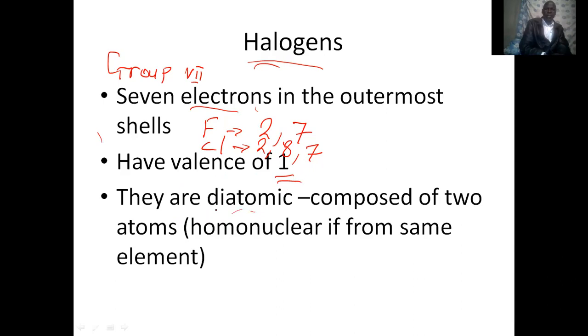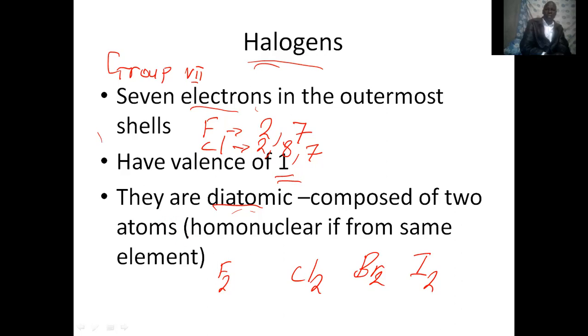They are diatomic, meaning 2 atoms. For example, fluorine, you write it like that, and chlorine, you write it like that, as well as bromine, and iodine. So in nature, they come as diatomic.